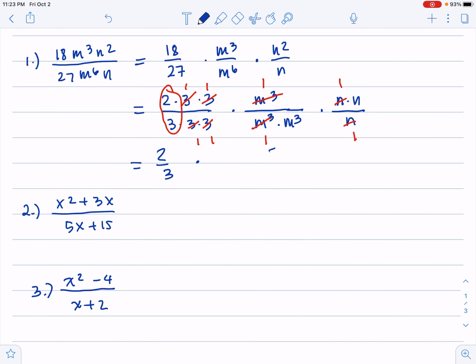Tapos yung sa baba, 1 times m cubed, which is m cubed. So that's 1 over m cubed. Tapos yung dito naman sa kabila, yung sa n, may isang natirang n sa numerator. At yung nasa denominator natin ay 1. So that is equal to 2 times 1 times n. That's 2n. And then yung denominator ay 3 times m cubed times 1. That's 3m cubed. Okay?